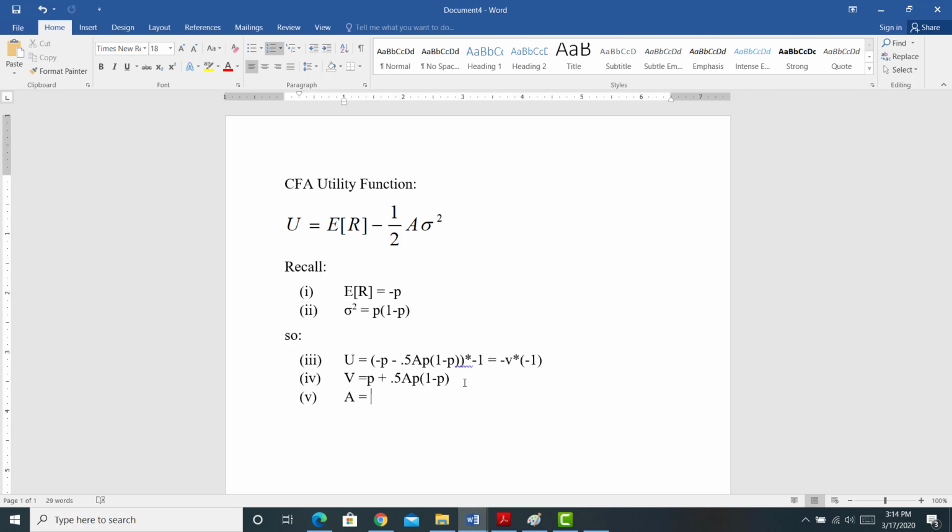I get A is equal to the value, how much the insurance contract costs, minus the probability that there's a flood, divided by 1/2 times P times 1 minus P. I'm just doing some algebra here, hopefully you understand. So here is the coefficient of risk aversion using the CFA utility function.